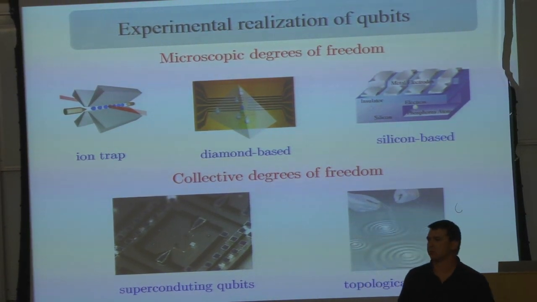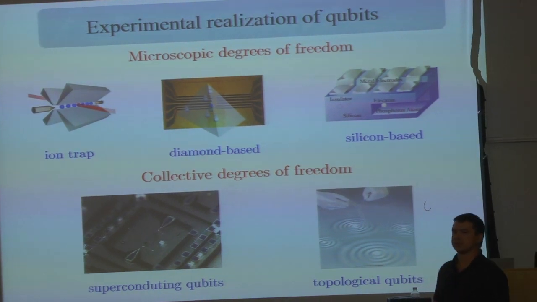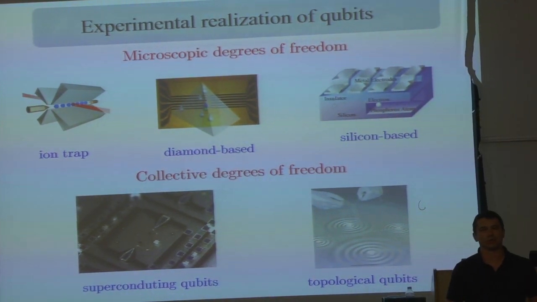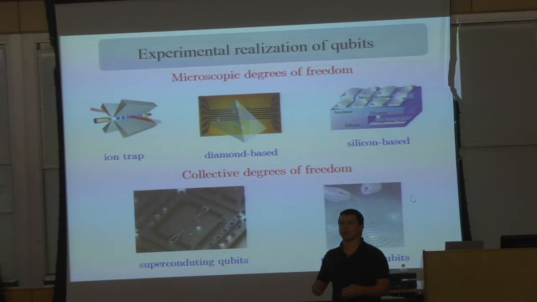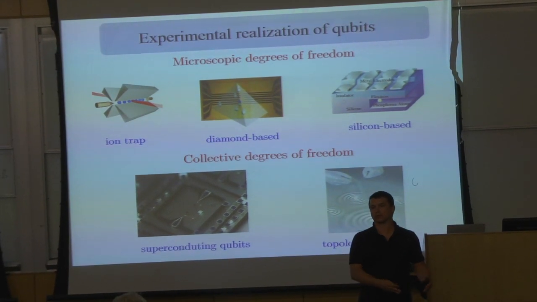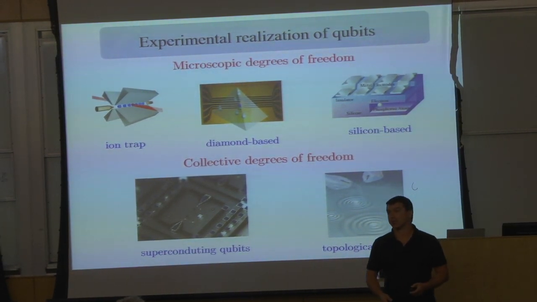And in some sense, the topological approach is based on such qubits. It's the extreme limit of this collective behavior, where information is encoded in gross geometry rather than microscopic degrees of freedom. And that has certain advantages, as I will explain down the road.